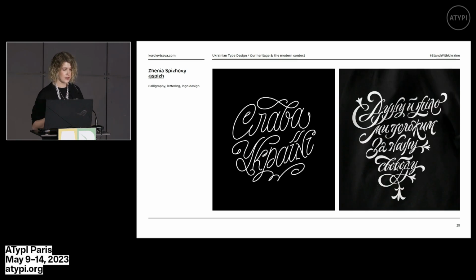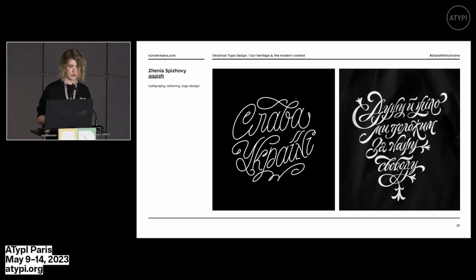You can see works by Zhenya Spizheviy. He is also a calligrapher, and in both of these works you can see also this traditional letter N. On the left side it is written "Glory to Ukraine," and the right is a part of our national anthem.